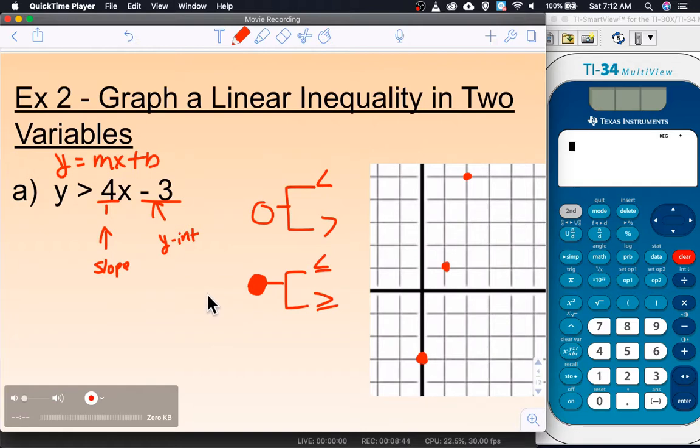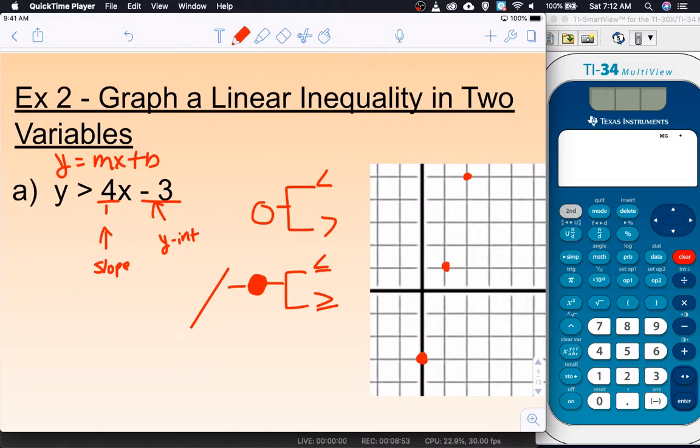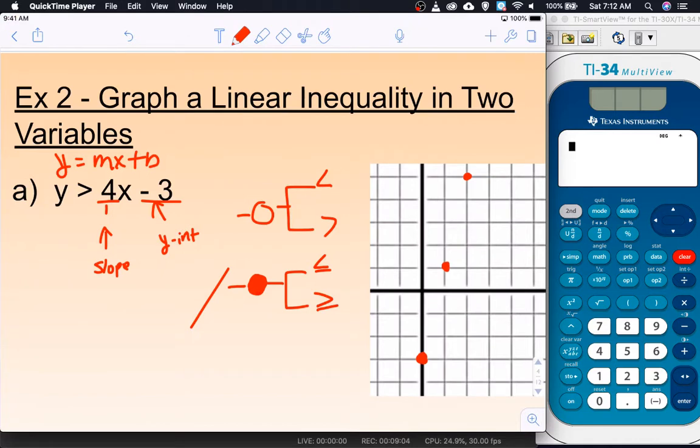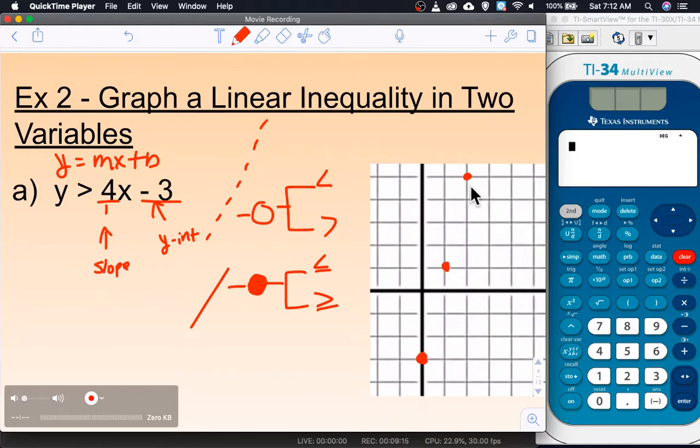So we need to show a hollow line or a solid line. The solid line is just a solid line. But that's not this. Look, this is just greater than. This would not be a solid line through these 3 points. This would be a hollow line. And the way we show a hollow line is with a dotted line. So we need to put a dotted line through these 3.